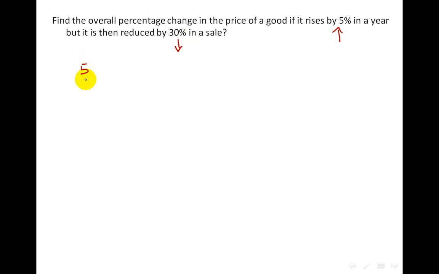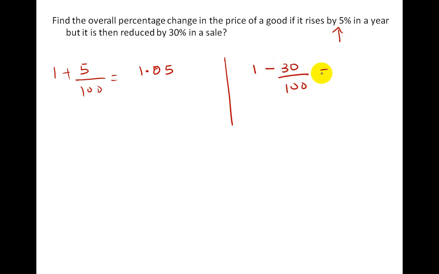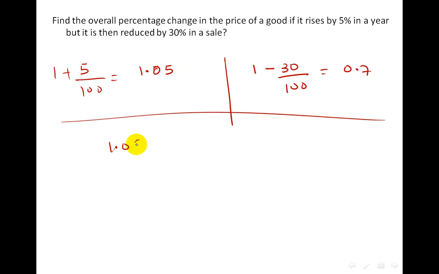It will give me 1 plus 5 over 100, and you'll have 1.05, and the reduction, which is 30%, it will be of course 1 minus 30 over 100. Don't forget that it's a reduction. It will be 0.7 or 0.70, whatever.